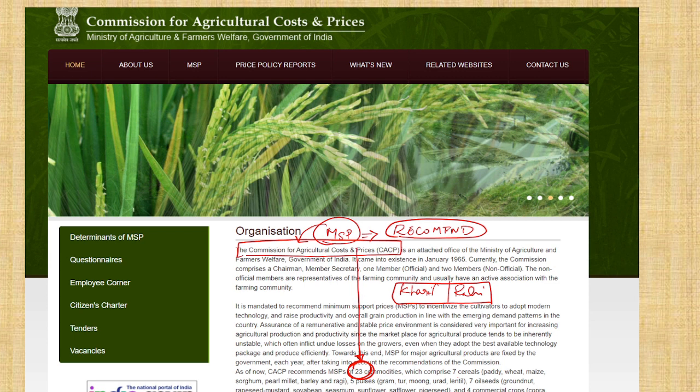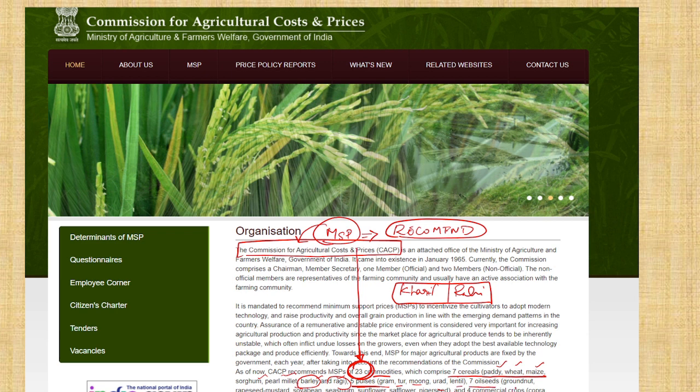The Commission for Agricultural Costs and Prices gives MSP for 23 commodities: 7 cereals. This is important. 7 cereals: paddy, wheat, maize, sorghum, pearl millet, barley, ragi. Then 5 pulses: gram, tur, moong, urad, lentil.